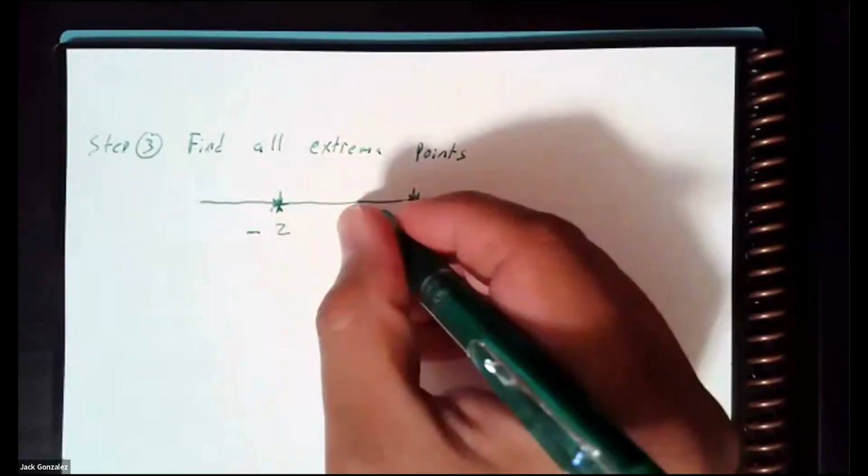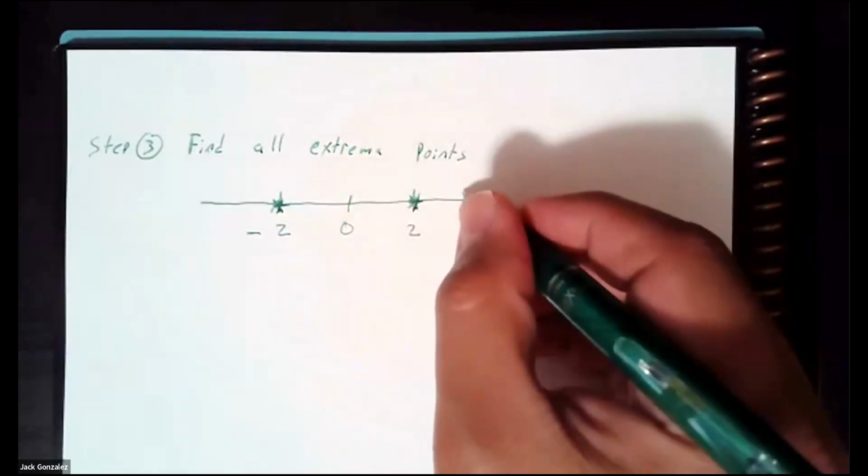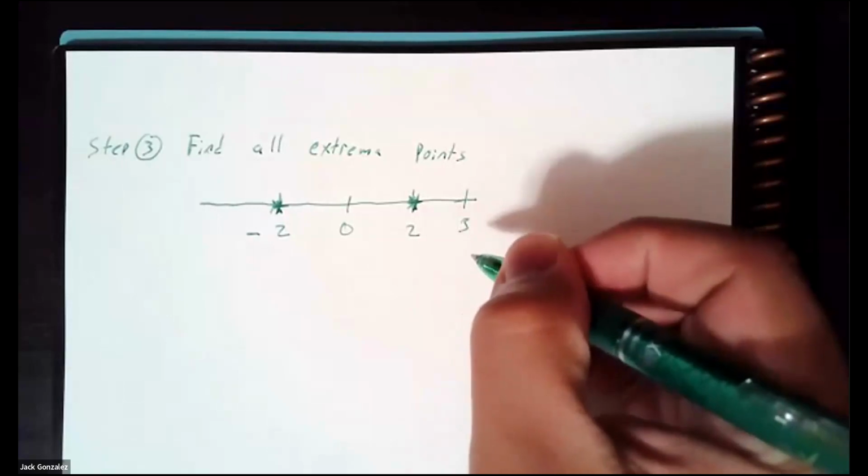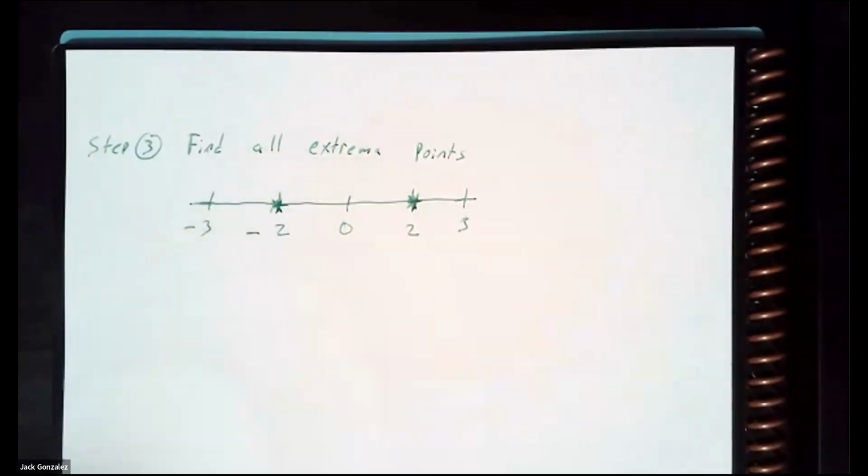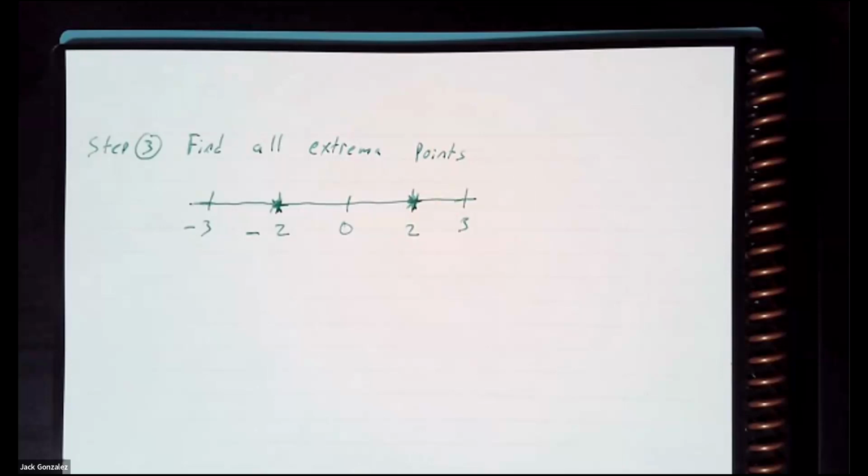I'm going to choose 0, 3, and -3. I'm not going to use a second derivative test because finding the first derivative is a pain, and finding a second one would be even worse. So trust me, stick with the first derivative test here.